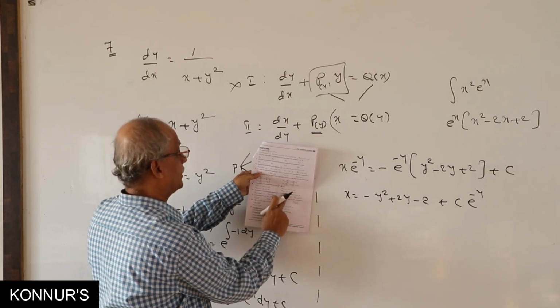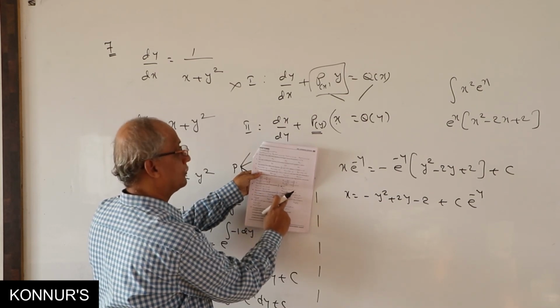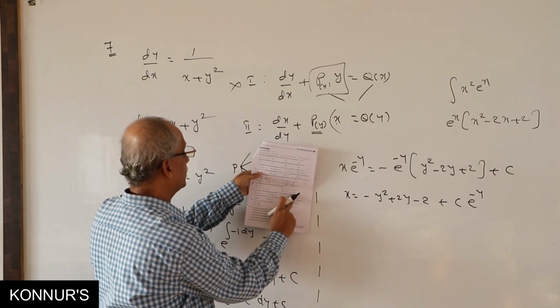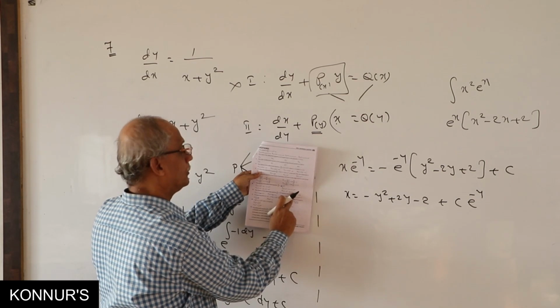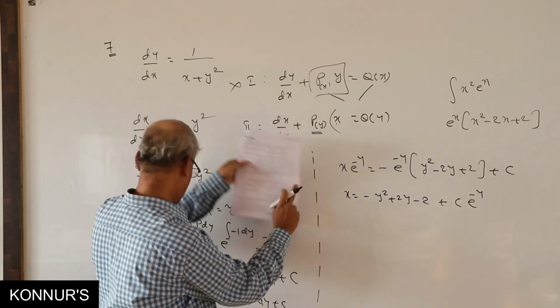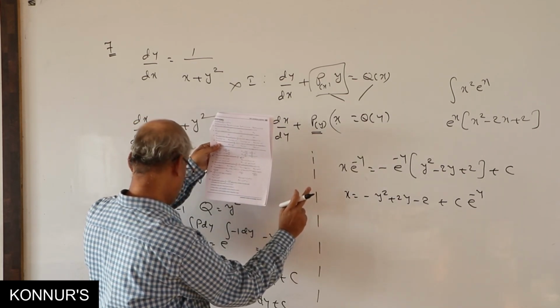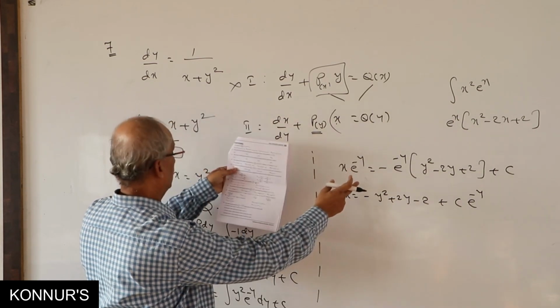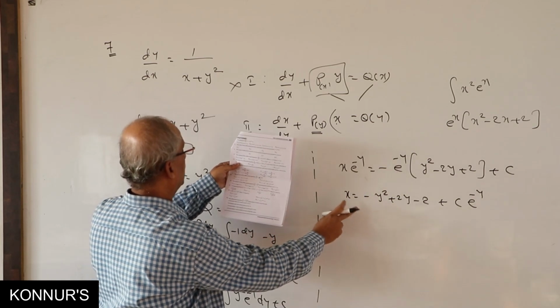Next, minus y square minus 2y minus 2 c e power y is given. We are dividing with c e power minus y. C e power minus y must be there. So the answer must be the third.